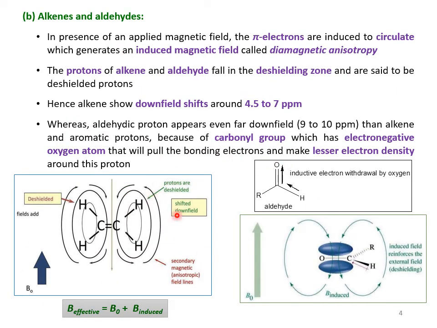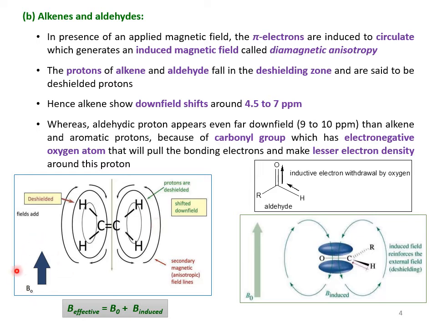So here also we can explain the higher delta values for alkenes and for aldehyde protons based on the same explanation. We know that alkenes and aldehydes also have pi electrons. In the presence of an applied magnetic field, the pi electrons are induced to circulate, which generates the induced magnetic field, called diamagnetic anisotropy.